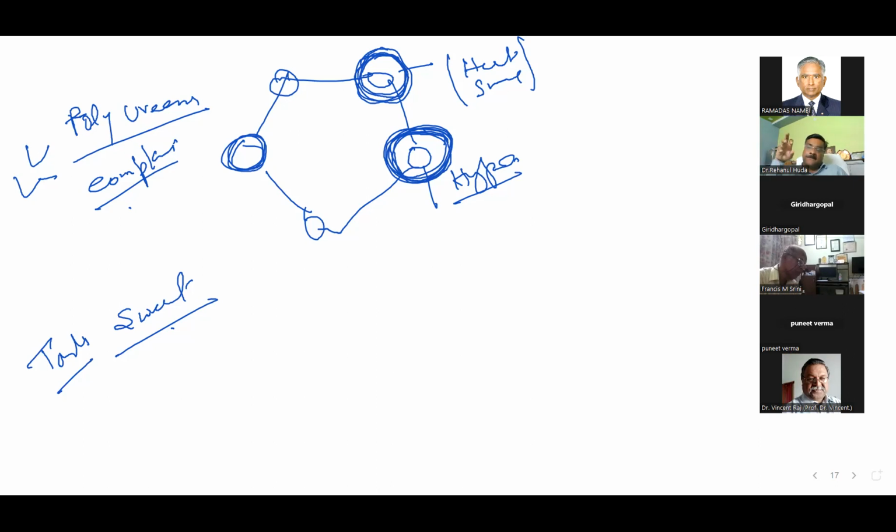Hypofunction of any organ is because of the mother organ, because the mother is feeding less. The mother organ of the spleen is the heart. So when we tonify the heart, automatically the spleen will correct, and your polyuria or frequent urination will be corrected.